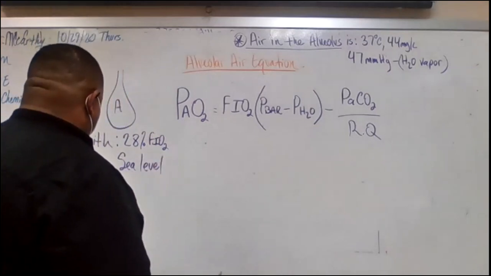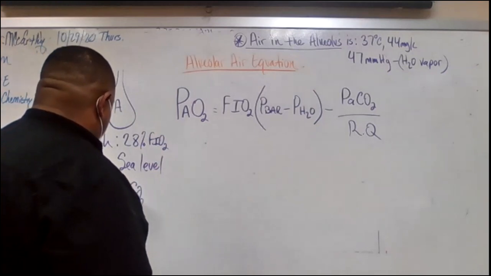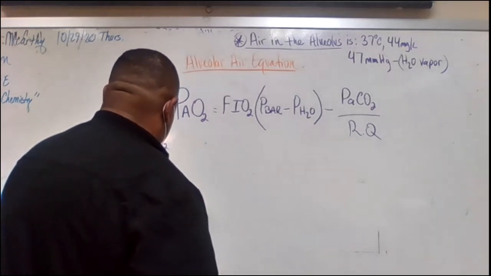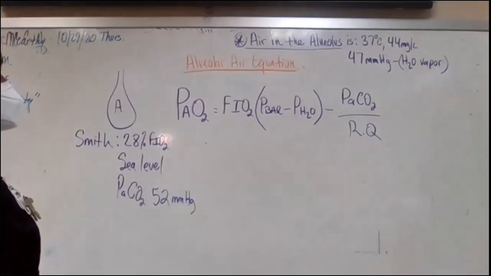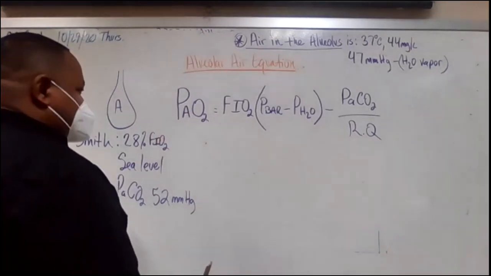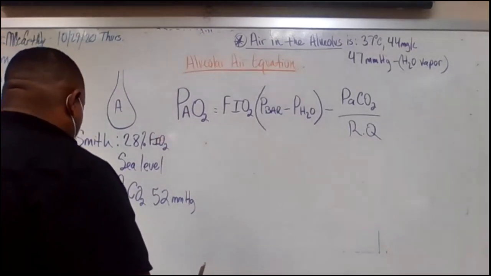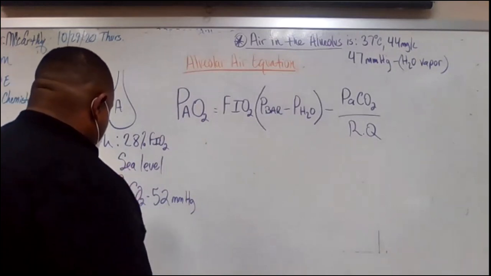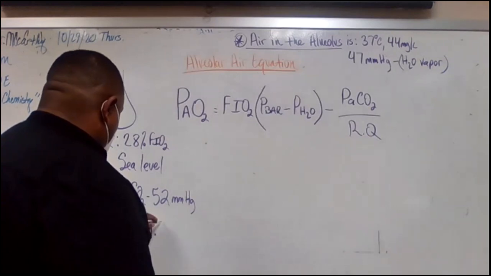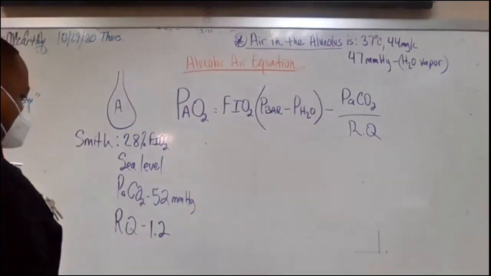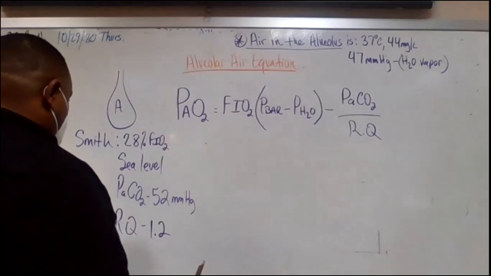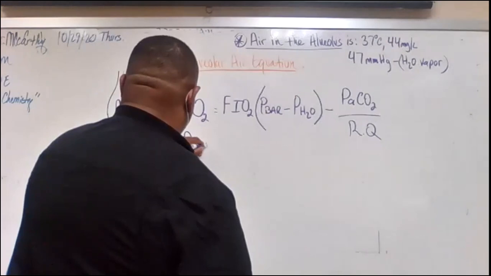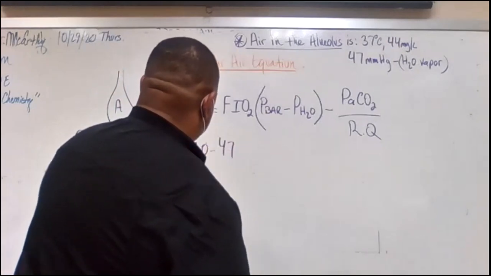Okay, he has a PaCO2 of 52 millimeters of mercury. Okay, and his respiratory quotient is, let's just say it's 1.2, and his pressure of water, H2O, is 47.